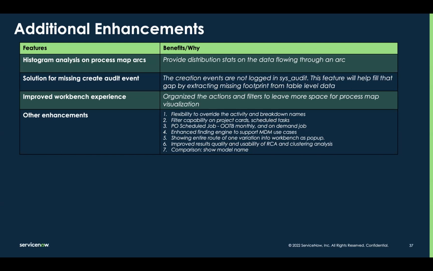So now you can start seeing some of the distribution of the data. In between a transition, we had, let's say, the average duration it would take. But as you know, an average is just an average. So this histogram is going to show you the distribution of time, so you can see where most of the records fall in terms of their total duration for that one specific arc. It just gives you another layer of visibility.